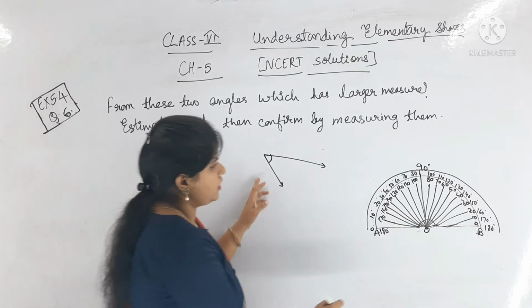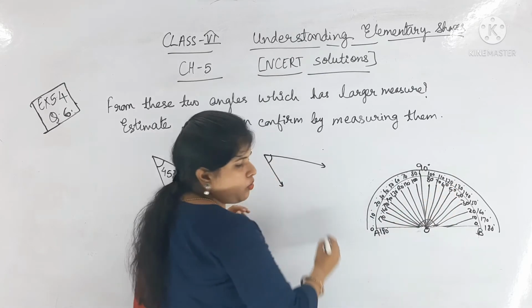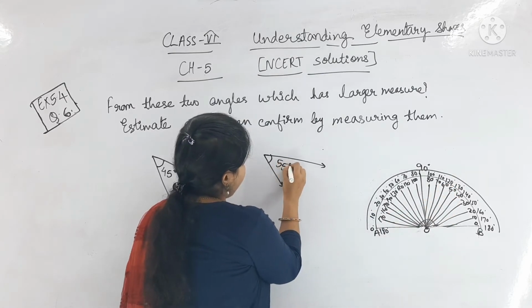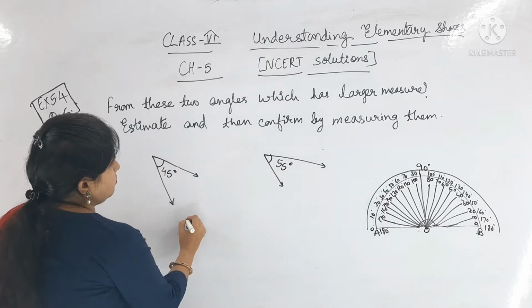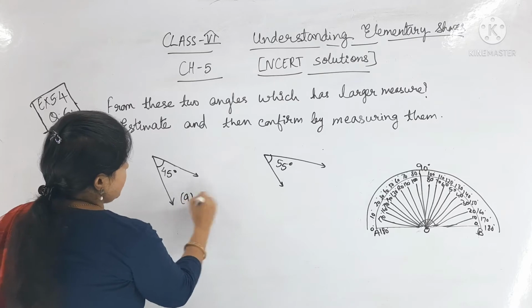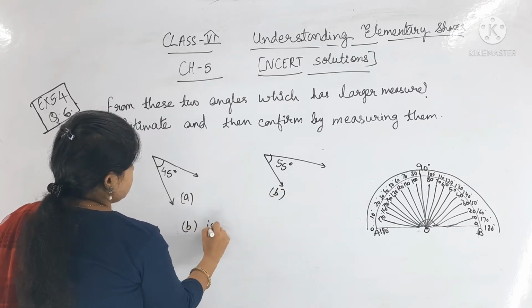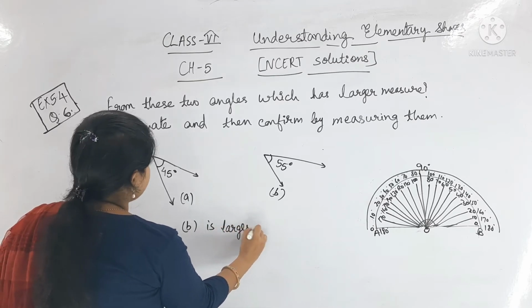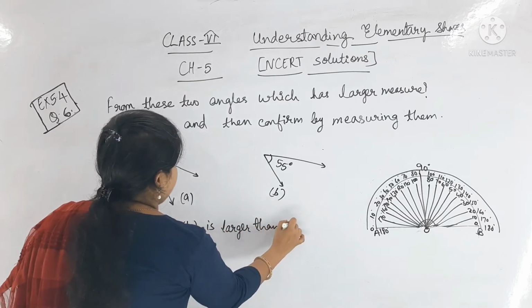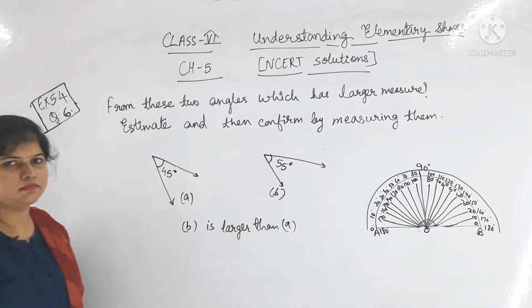Here this line will touch; that is the 55 degree. So here you can see that this is A and this is B. So B is larger than A. So this is your question number 6.